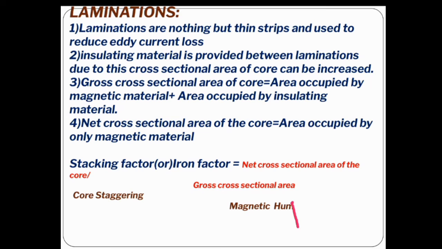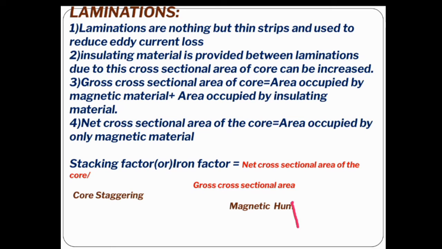By using this concept, I can define two terms: gross cross sectional area of the core and net cross sectional area of the core. Gross cross sectional area is the area occupied by the magnetic material and also the area occupied by the insulating material, so here I am considering the insulating material area.